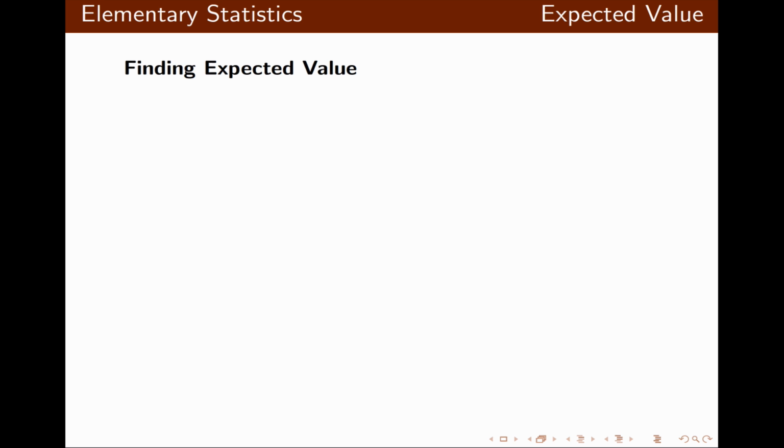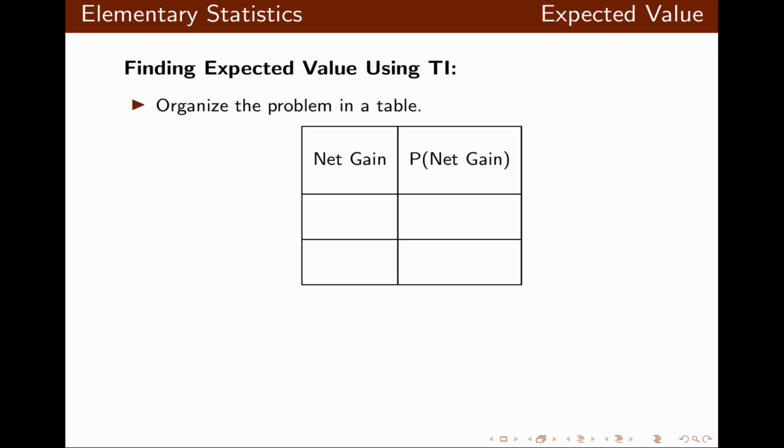Now let's see how we can find expected value using TI. First, we organize the problem in a table, similar to this, one column for net gain and another column for the probability of net gain.